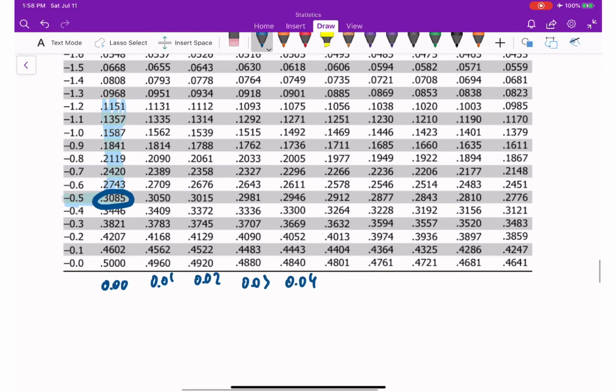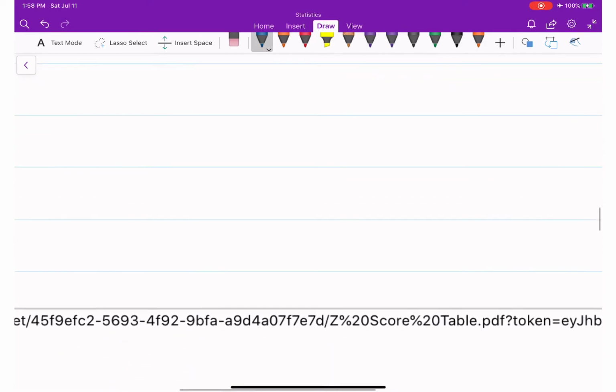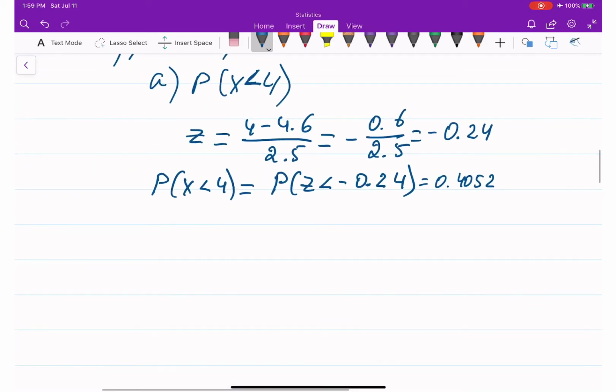So I'm going to come right here, 0.2, starting here, and coming till 4. 0.4052. So 0.4052. Okay, let's see what the next question is.